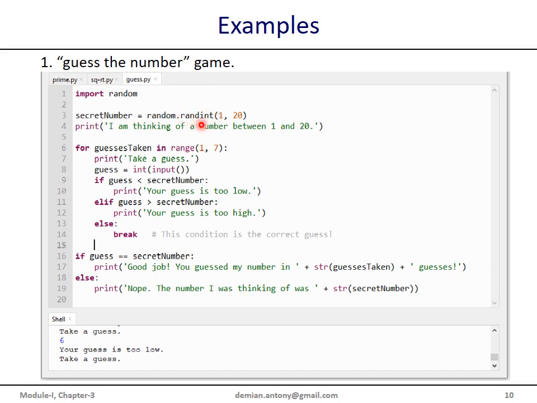The randint function takes 2 arguments here in this program: the lower bound and the upper bound between which the random number is to be generated. In this program, we are taking the random number between 1 to 20, and we assign that generated random number to a variable called secret number. This is the secret number that is randomly generated.